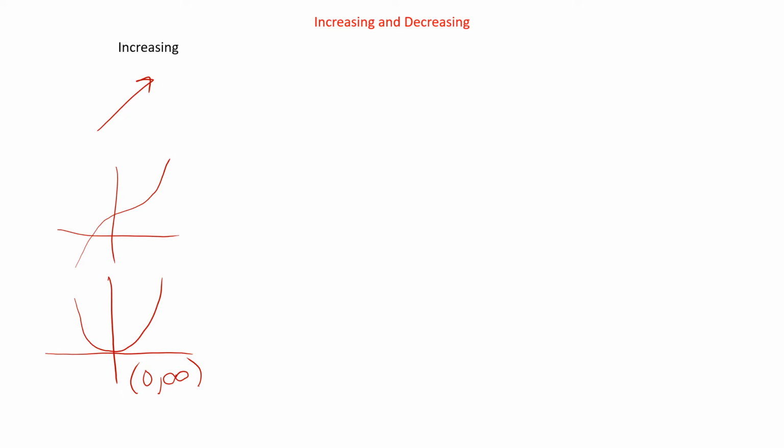It's decreasing from negative infinity to 0. Decreasing just means it's going down. So we could have something like that, which is going to be decreasing because it's going down.